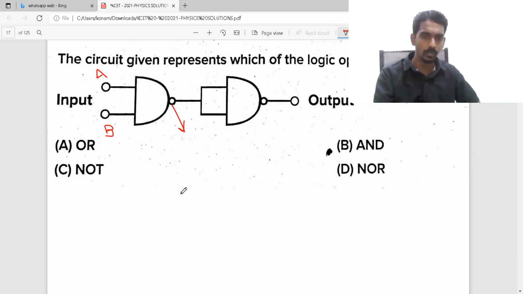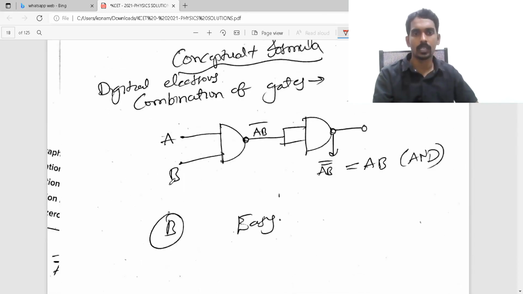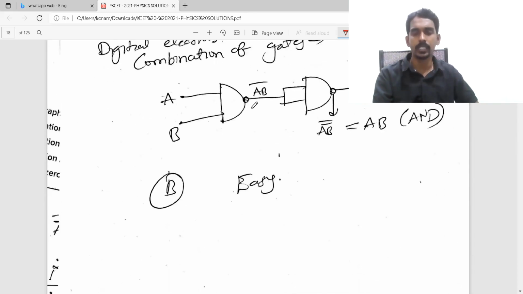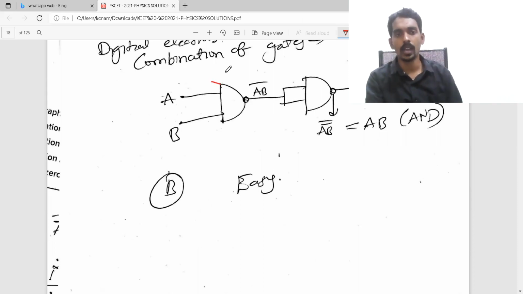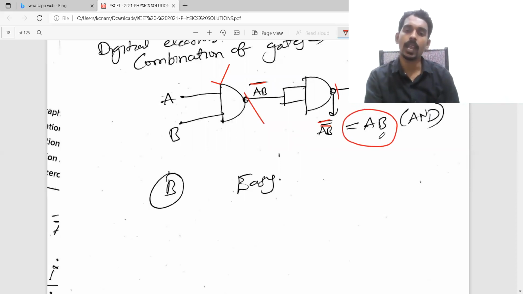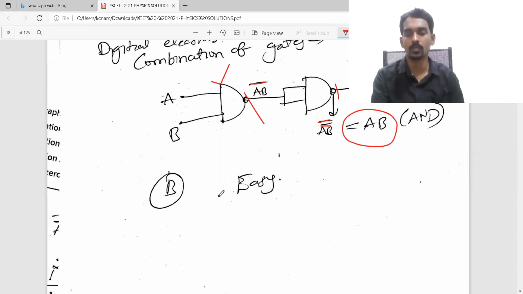Here I have given the solution: A and B come as input to the AND gate, but a NOT gate is connected, so a bar will come, and that is given as input to another NOT gate. So one more bar will come. So that bar will get cancelled. This NOT and this NOT both get cancelled. So what will remain? The AND gate. So it's not a difficult question.